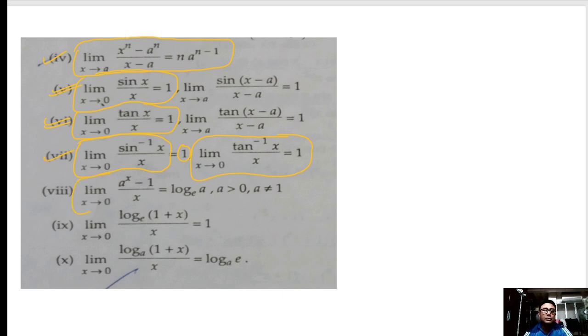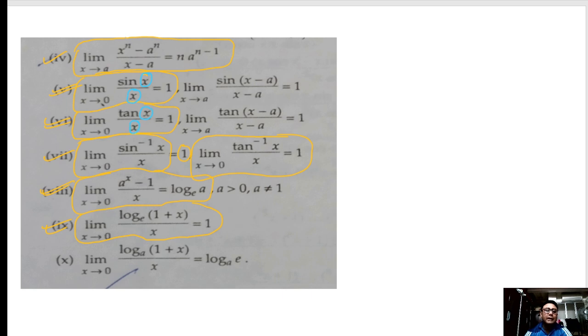Limit x tends to 0, (a to the power x minus 1) by x is log e a. We will take the help of this formula. Similarly, limit x tends to 0, log e (1 plus x) by x. First of all you have to understand that whatever angle is at the bottom, it has to be the same.